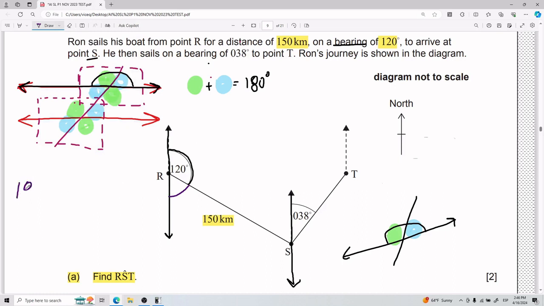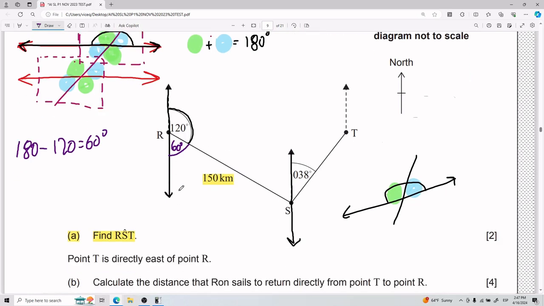Sorry, that's going to be 180 because it's the whole angle, minus 120 gives you 60. So this thing in purple is going to be 60 degrees. And so if this is 60, then technically this one over here is 60.